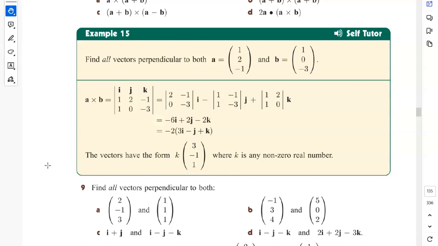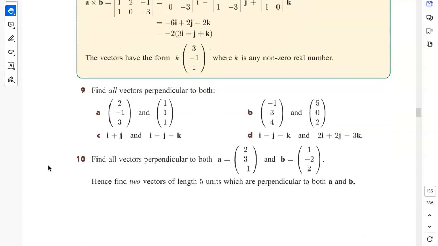And it can't be 0, because then that just disqualifies everything. So if that is a question, you do have to qualify that. Non-zero, I just put comma k does not equal 0. Up to you. So same thing, do we have to do these at all? I don't think so. I think we're quite happy to get the cross product. Just be aware that that is another type of question. All good?